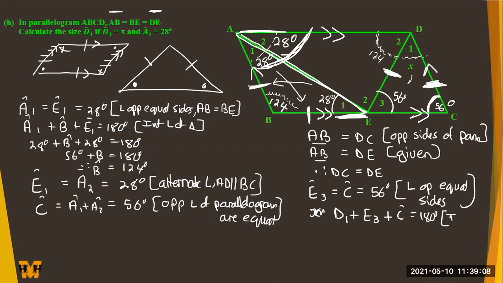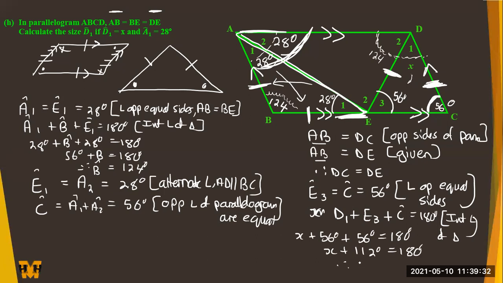Always give the reason. Interior angles of a triangle. D1 is X, E3 is 56, angle C is 56, equals 180. And this will add up to 112 degrees.